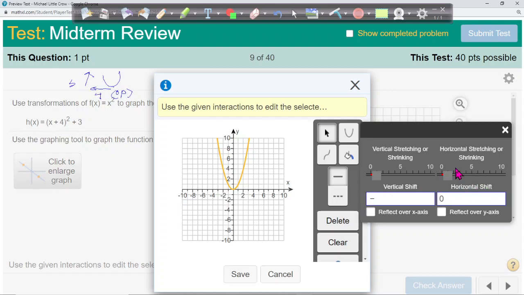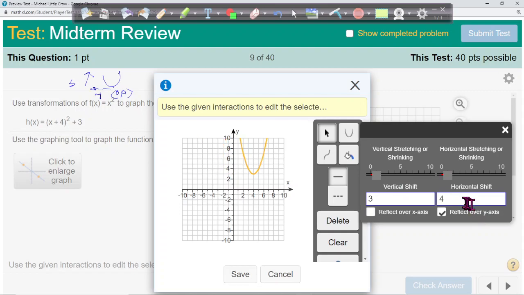Let's see. Let's go -4. And then, oh, that's vertical. Horizontal. See, I'm dyslexic. I mix these things up. We want to go +3 for our vertical. The horizontal, we want that to go in the negative direction, I think.